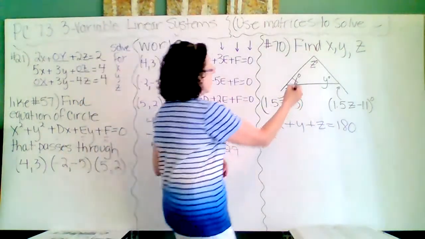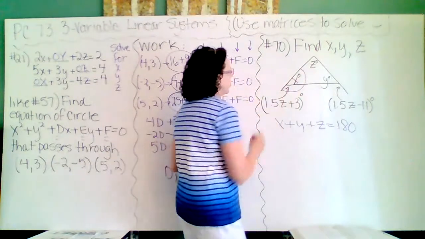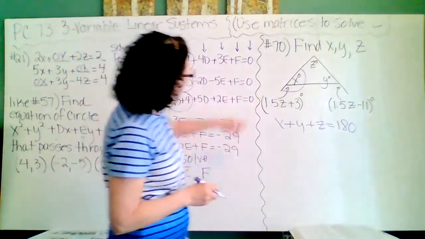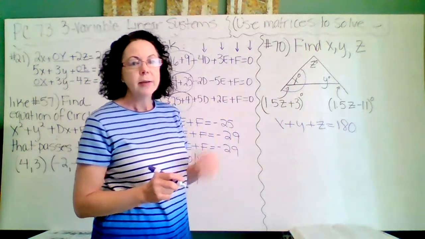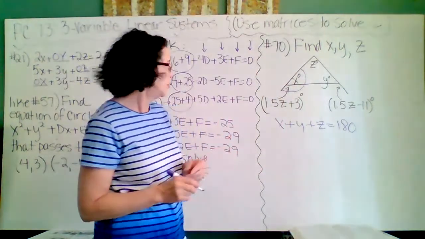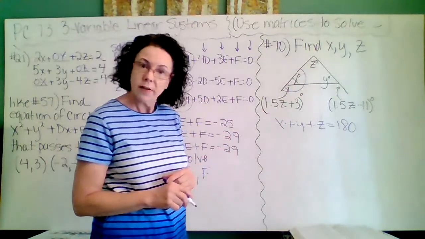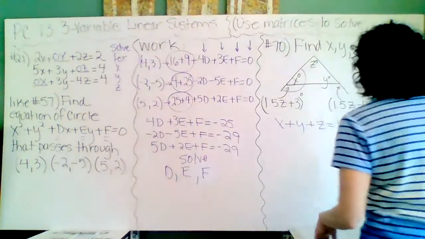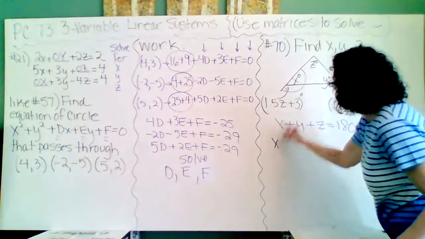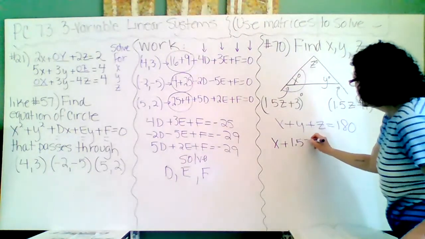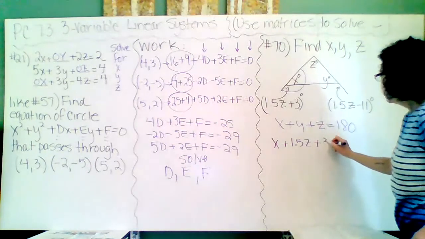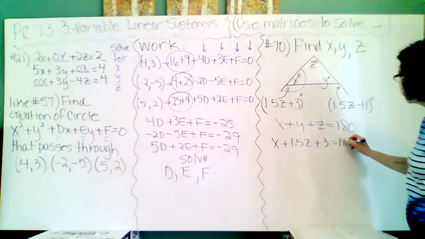Notice that right here, these two angles are called a linear pair, meaning that they add up to 180 also. So I'm going to write that relationship. X plus 1.5Z plus 3 equals 180.